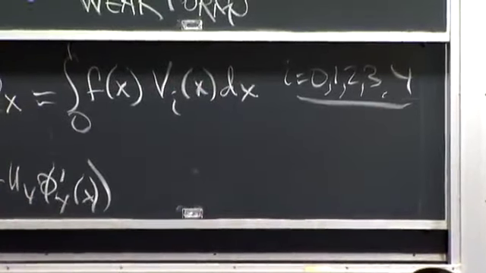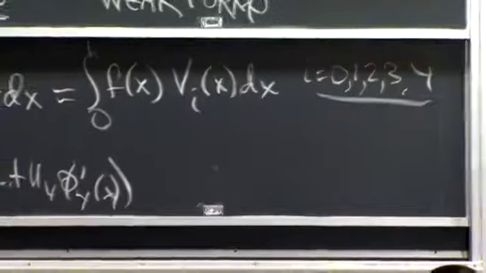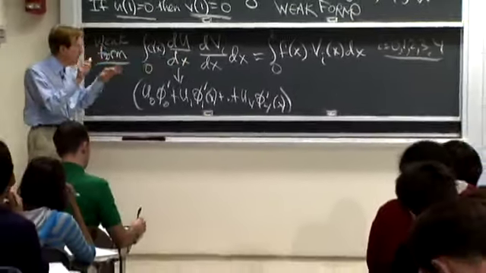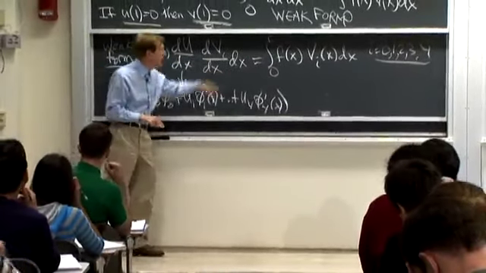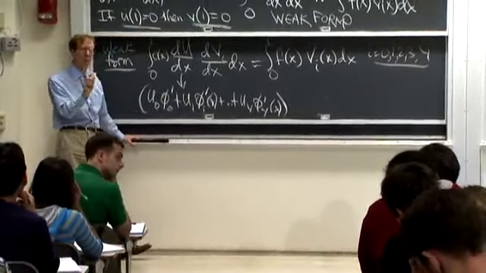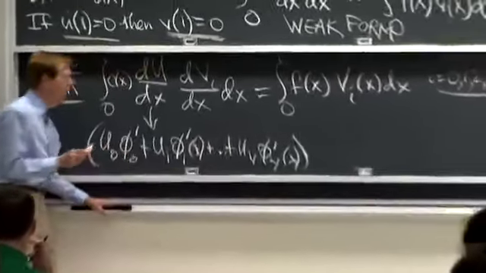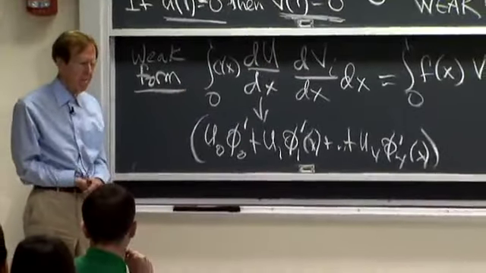I'm testing against 5 v's. So I have this equation for five different v's. So i equals 0, 1, 2, 3, 4 give me my 5 equations. Here are my 5 unknowns. This is my 5 by 5 system.